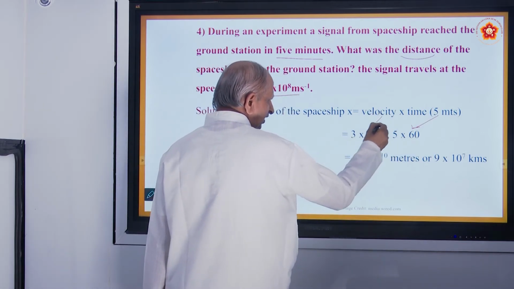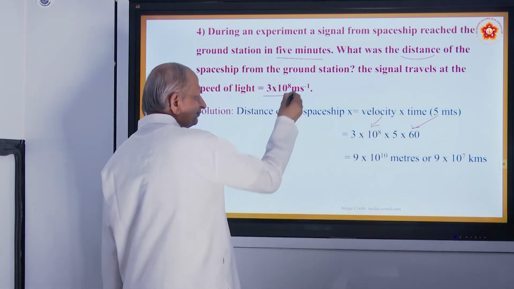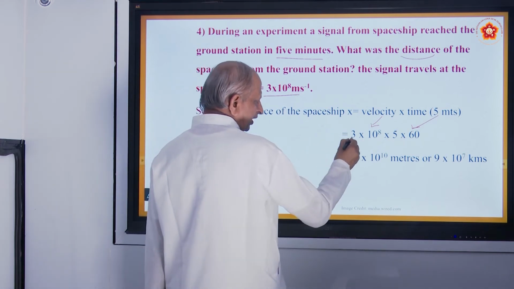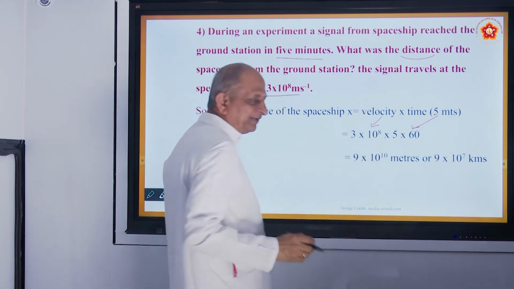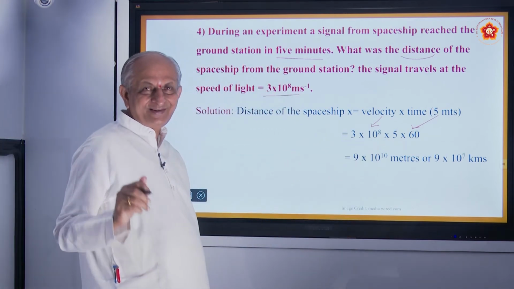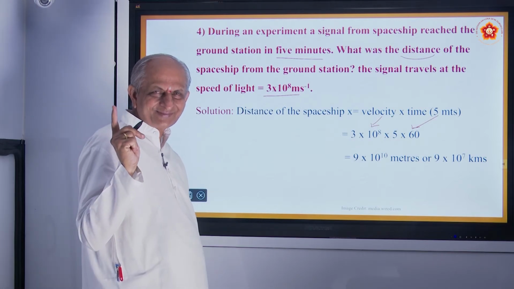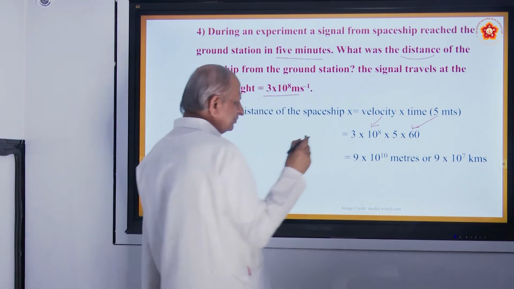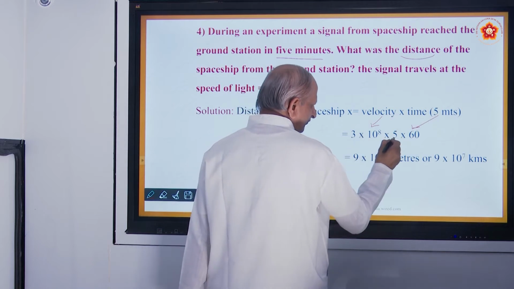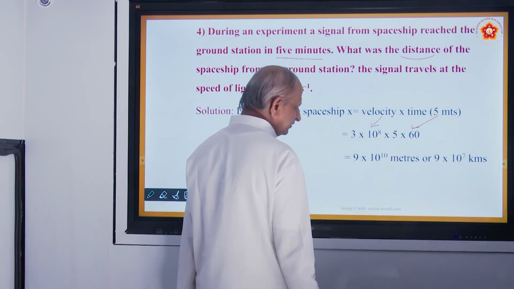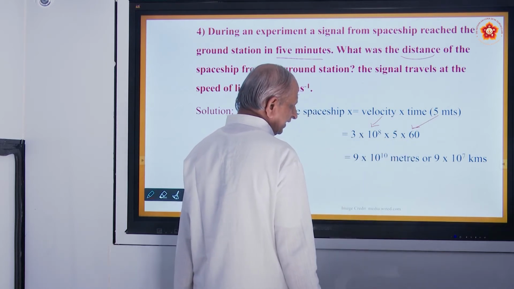Velocity of light is 3 into 10 to the power of 8 meters. Don't think it is a very small unit. 10 to the power of 8 means what? There will be 8 zeros. Okay. So 3 into 5, 15 into 6, 90.